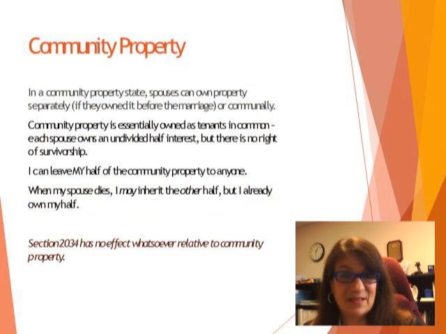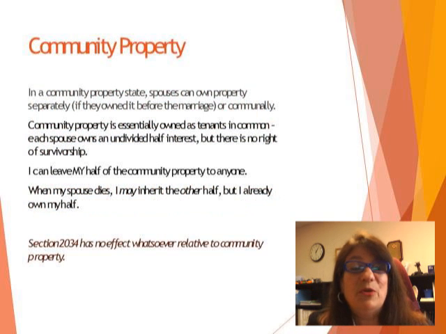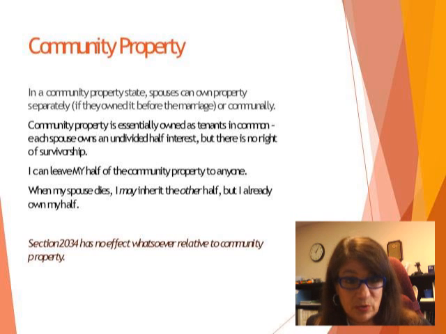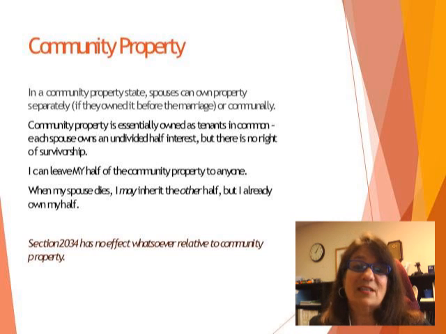Okay. Now, let's compare this to community property. In a community property state, spouses can own property separately or they can own property communally, and typically anything that arises during the marriage is community property. Community property is essentially the same as being tenants in common. Each spouse owns an undivided half interest, but there's no right of survivorship. So it's not like a joint tenancy.